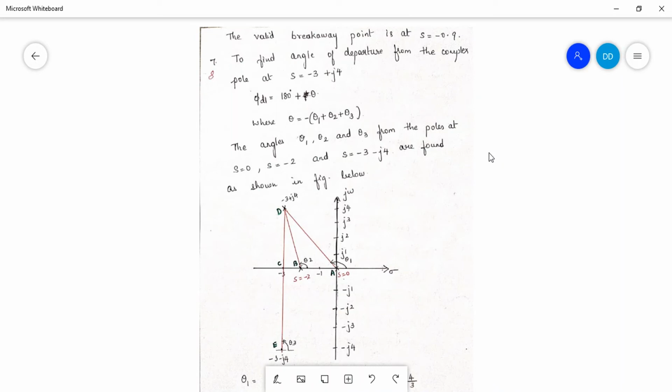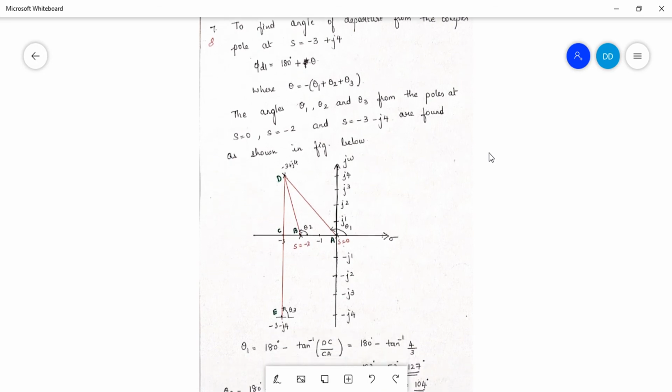To find the angle of departure, we have to draw this figure as you can see here. So what does this figure tell? We have plotted a rough sketch of the real axis as well as the imaginary axis.